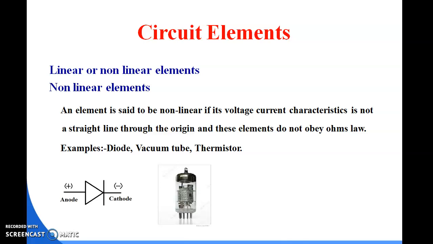So an element is said to be nonlinear if its voltage current characteristic is not a straight line through the origin and these elements do not obey Ohm's law. For example, diodes, vacuum tubes, thermistors are electronic devices. They are examples of nonlinear elements. Okay.